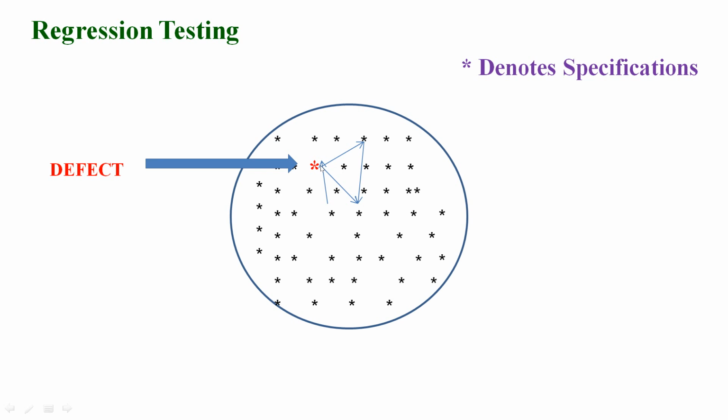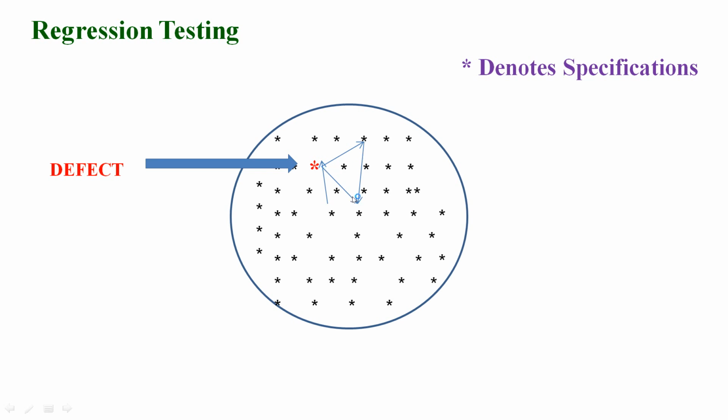Say, for example, the output of this functionality is given as input to this functionality, and the output of that functionality is given as an input to this particular functionality. That means there is a link, a dependency between this functionality and this functionality, and this functionality and this functionality.